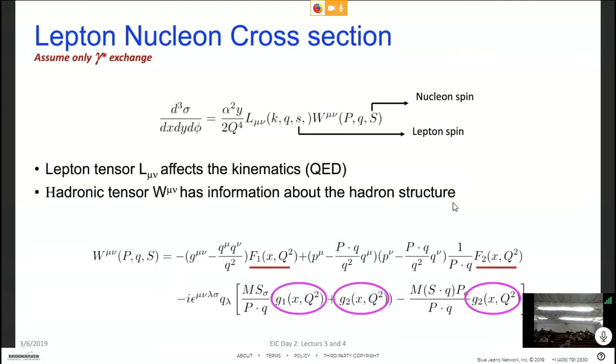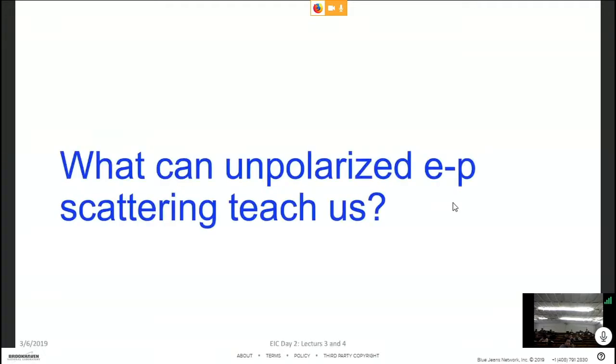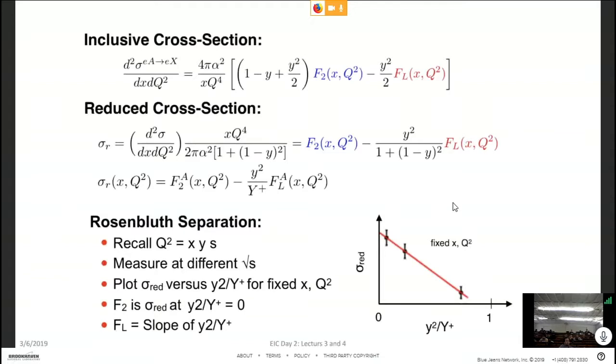Let's look at what we learned from F1 and F2. It's a very high-level summary, but I think it's important that we know what we will gain out of that. So, the inclusive cross-section, that means we ignore everything else of a nucleus or proton, is given at the top line there, and it has two of those structure functions, F2 and FL.